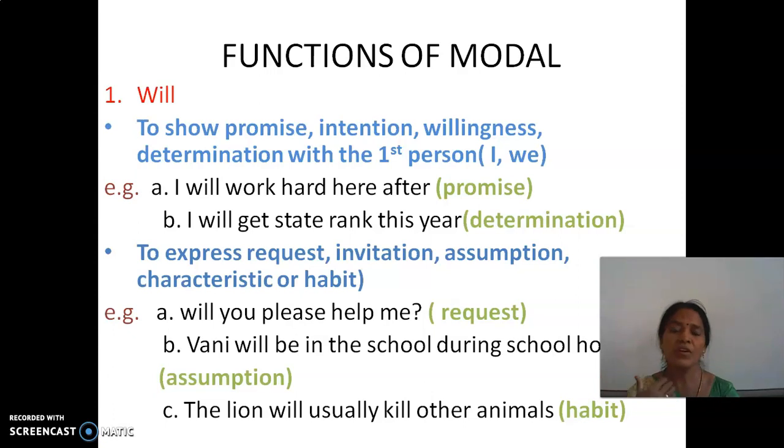Will you please help me? It's a request. Vani will be in the school during school hours. School time, school hours, most probably so and so is going to be in the school. So it is an assumption, guesswork. The lion will usually kill the animals. Habit.